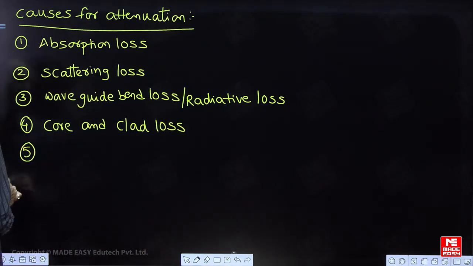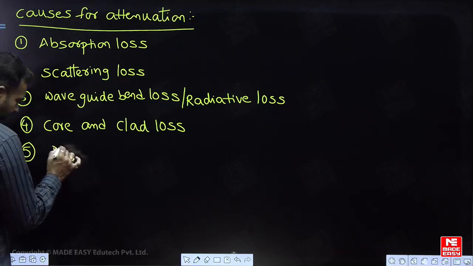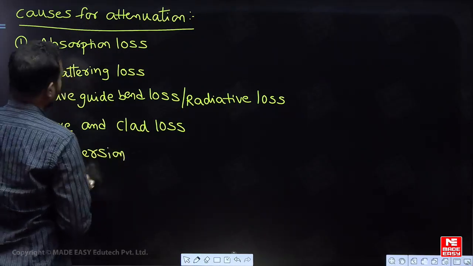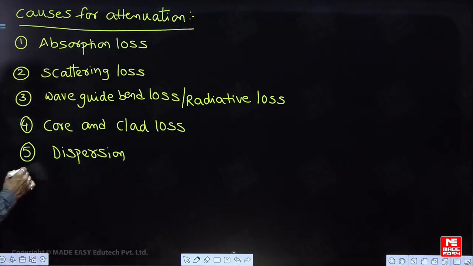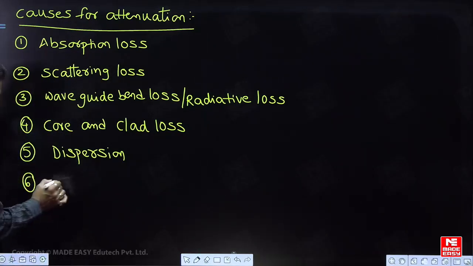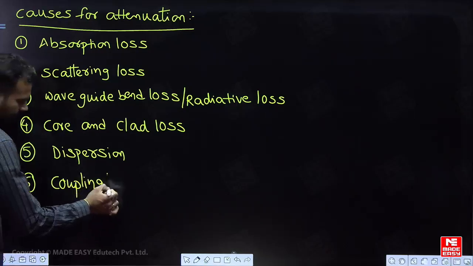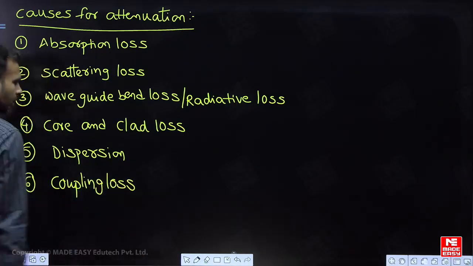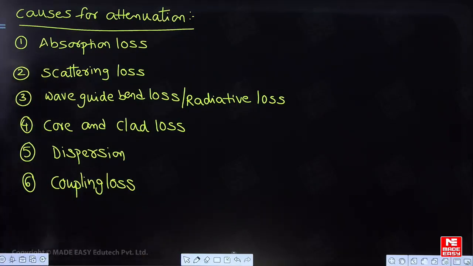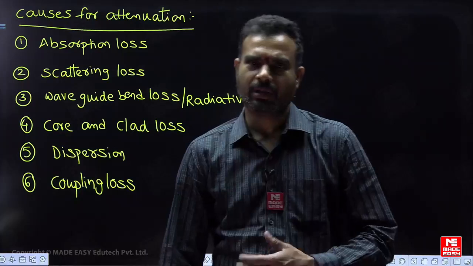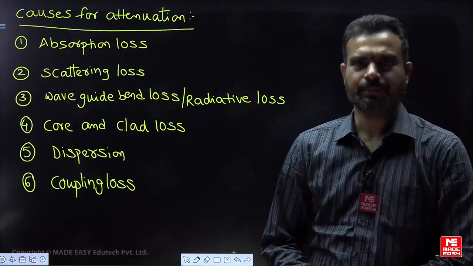The fifth point is dispersion, which is a reason for having loss. The sixth one is coupling loss. So, these are the causes for attenuation in an optical communication system.